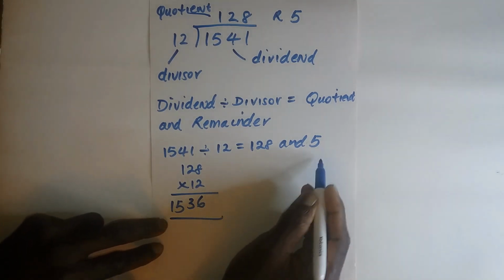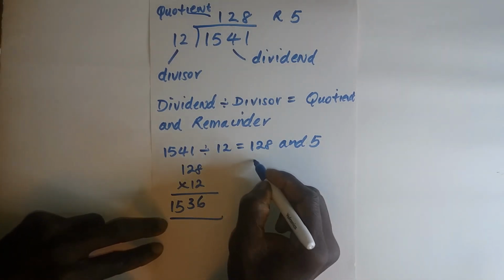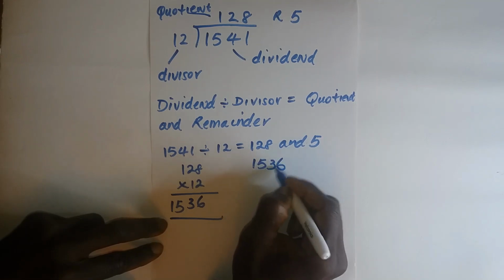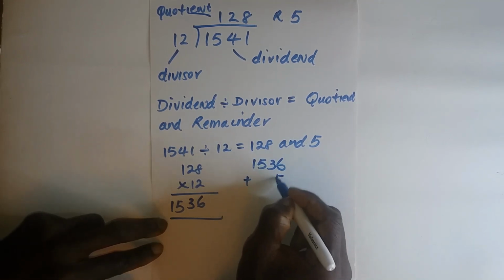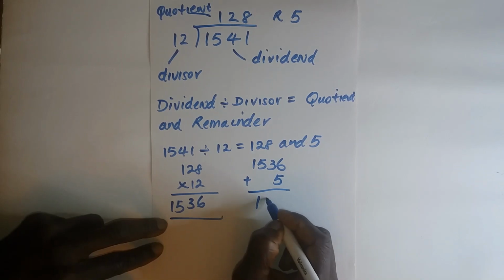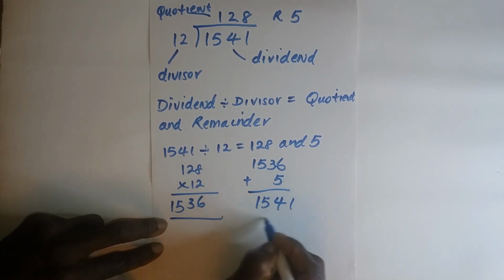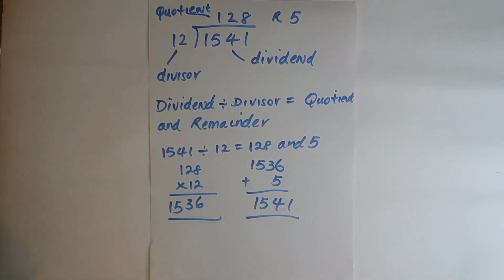And then we have the remainder of 5, and when we add the remainder of 5, we have 1541. This shows us that our solution, 128 remainder 5, is correct.